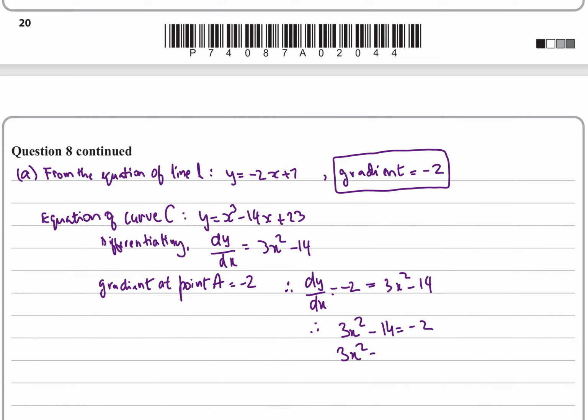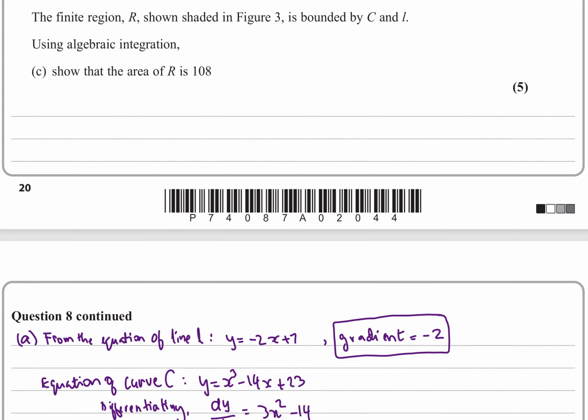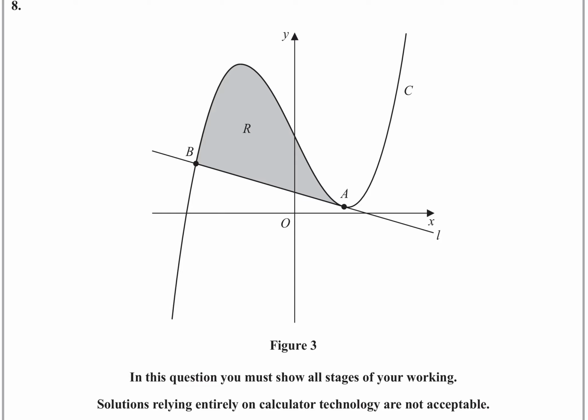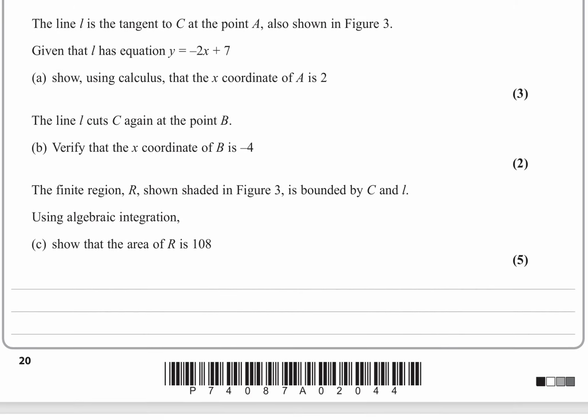Therefore 3x squared is -2 plus 14, that is 12. So x squared is equal to 4, therefore x equals the square root of 4, which gives x equals plus or minus 2. Now, the point A having a positive x, we can say that the x-coordinate is 2.